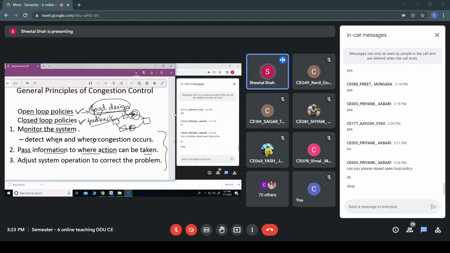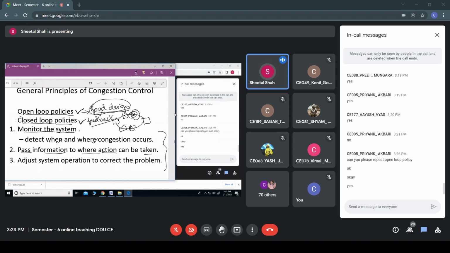Fine. In open loop, the parameters are decided in such a way that the congestion would not occur. Follow? Okay. So in open loop, it makes sure that the congestion would not occur at all.